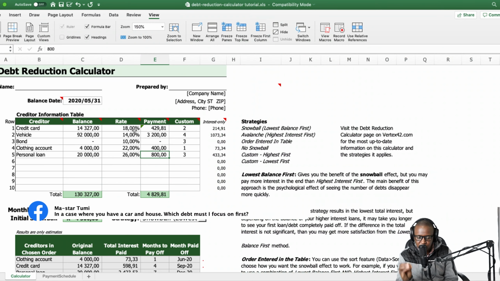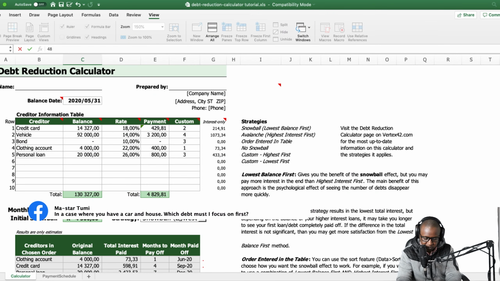So if you are using the snowball method, you will start by paying off the clothing account, because as you can see here, it's the smallest balance, and then from there you will move to your credit card, then to your personal loan, and from your personal loan you move to your vehicle. So the total repayments, as you can see, is 4,829. So you change this amount here to be the same, 4,829.81.